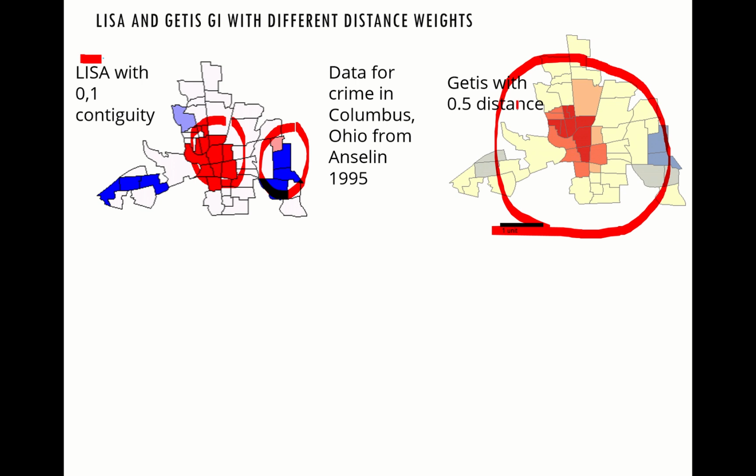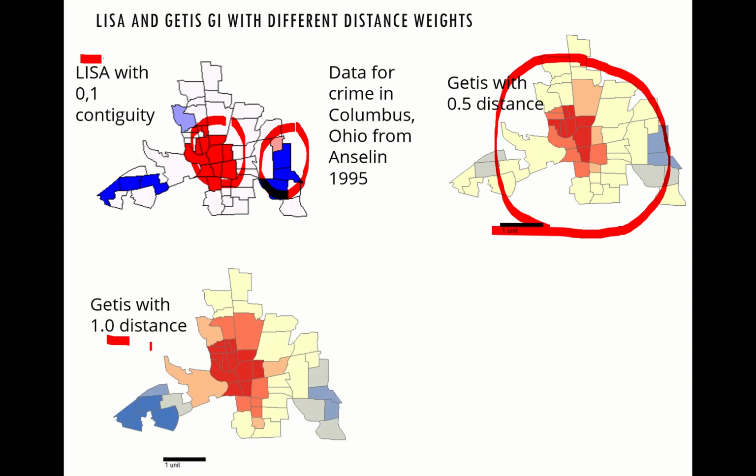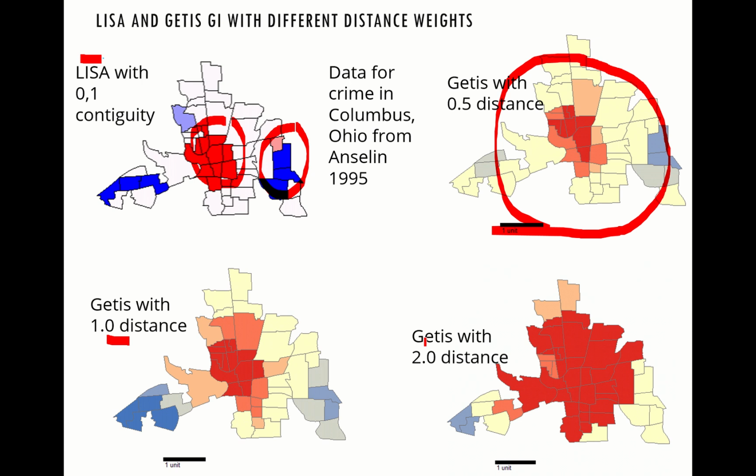So this is a G with a 0.5 distance. You can see we have hotspot clustering as we get with the LISA. But as we increase the distance, right, we can get very different results. So that's one thing to keep in mind when looking at the Getis-Ord G. Results can vary significantly based on the distance, or how far you're looking around in your area.